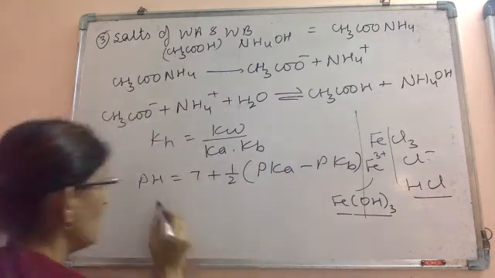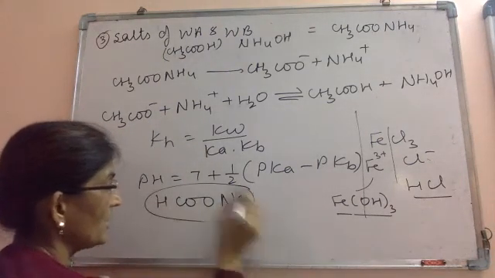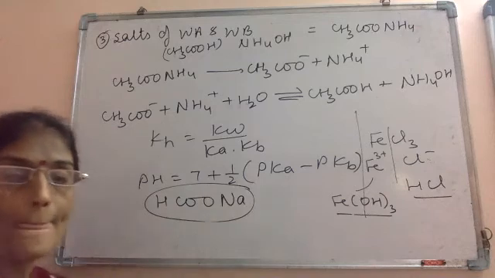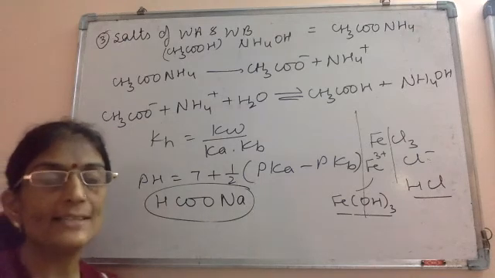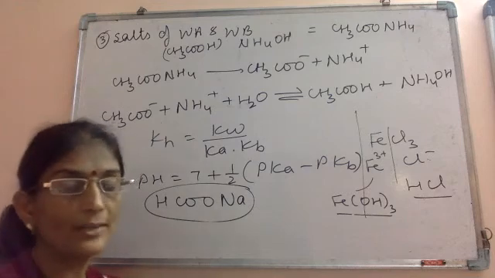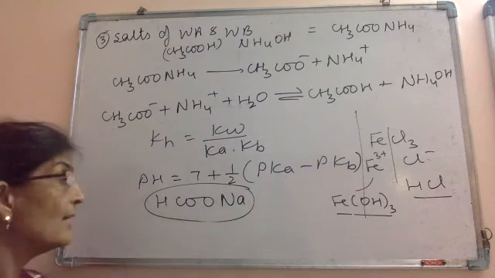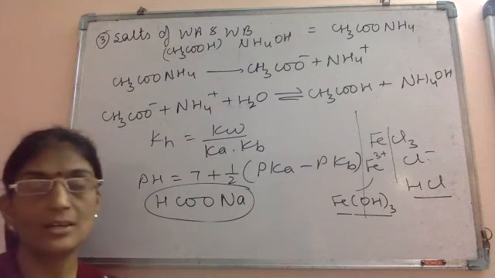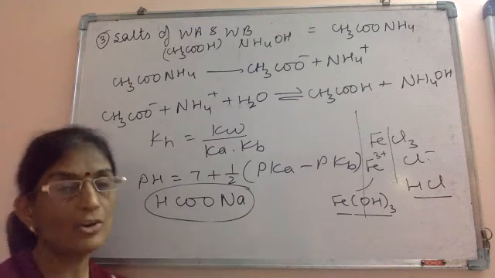Sometimes they ask, HCOONa, if this salt is dissolved in water, what will the pH be? Sodium formate, HCOONa. It is a salt. When it is dissolved in water, the solution is either acidic, basic or neutral. Whether pH is more than 7, less than 7 or equal to 7.